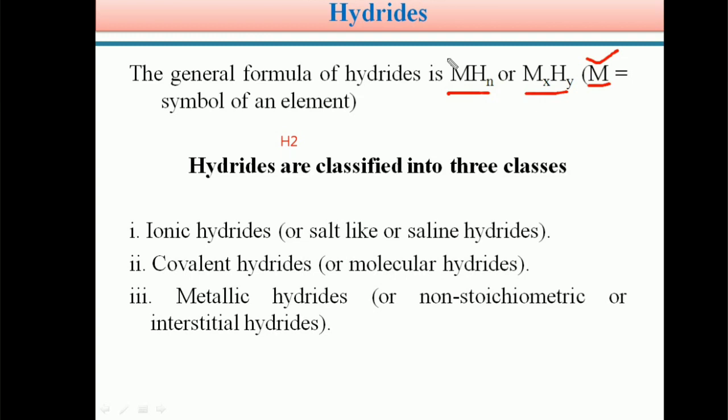Students, based on the electronegativity difference between the element M and hydrogen, that is, depending upon the electronegativity of the atom attached to hydrogen in a binary compound, these hydrides are classified into generally three types.